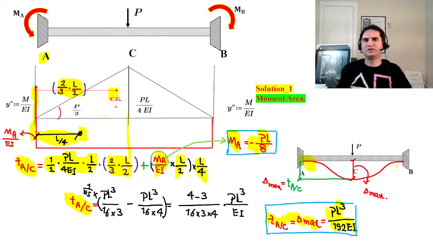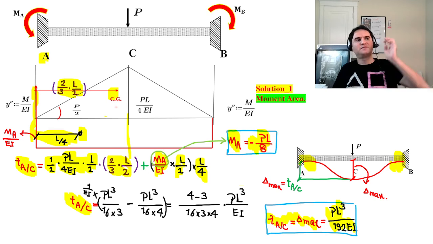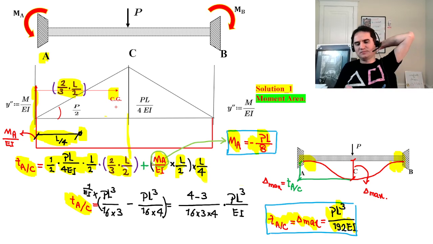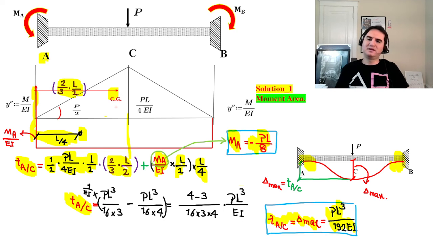There is no theta due to the fixed support, and with these two steps we can get delta maximum for a two fixed support beam. To my understanding, that's one of the easiest approaches of calculation based on first and second moment area theorems.